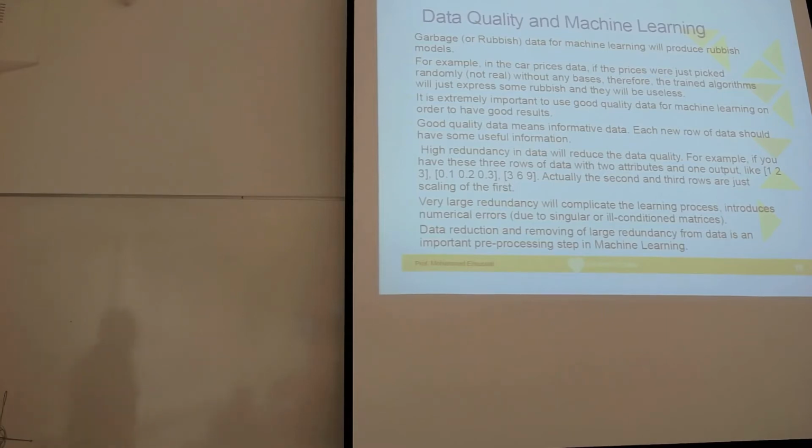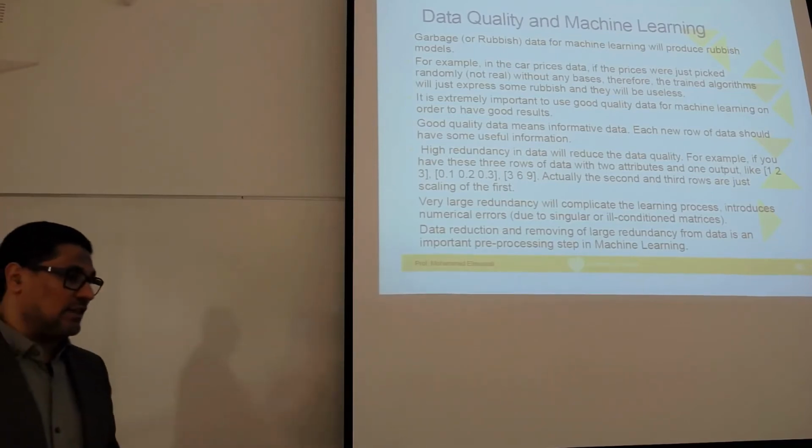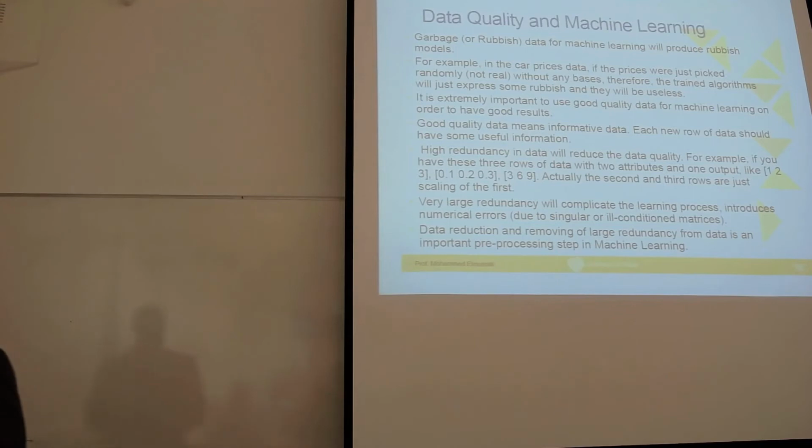If you want to build a machine learning algorithm to predict the prices of cars, the same example that we saw before, and the data that you collected was just random data, not reflecting the real situation, just random numbers, then of course the machine will learn something wrong. It is not applicable at all because it is rubbish data, and the algorithm that you get is just a rubbish algorithm. It is not useful for anything.